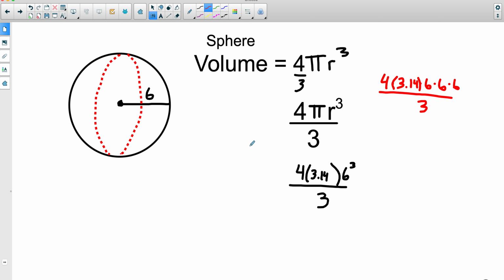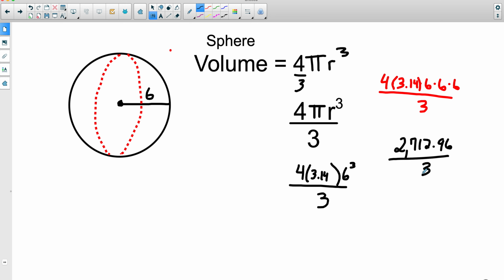Okay, so let's see what that answer ends up being. So 4 times 3.14 times 6 times 6 times 6 equals 2,712.96, all divided by 3.